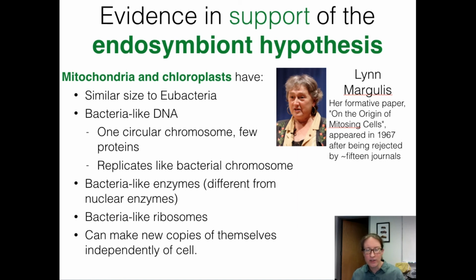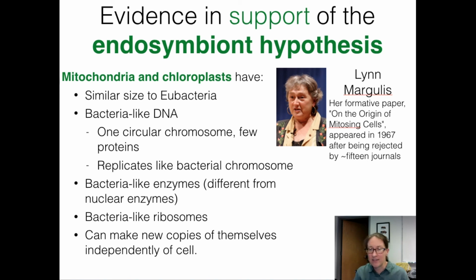If we look specifically at two of the organelles we're going to learn about, the mitochondria and chloroplasts, here are some really compelling features that support the endosymbiont hypothesis. These two organelles are very similar in size to a group of the prokaryotes, the eubacteria.